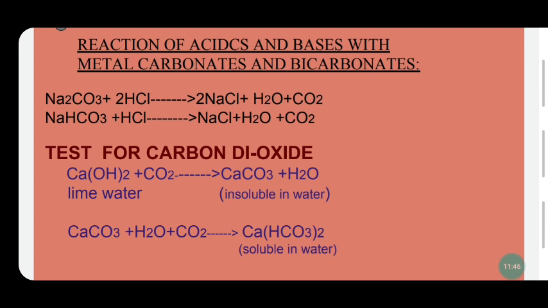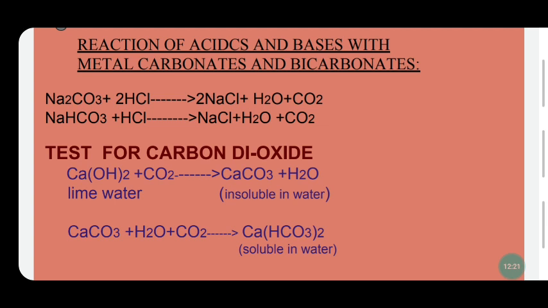The fourth reaction, acid plus metal hydrogen carbonate gives metal salt, carbon dioxide and water. And the fifth reaction, acid plus base gives salt and water. The reaction is called neutralization. Have a thorough idea about the 5 important chemical properties. Also remember the chemical equations.